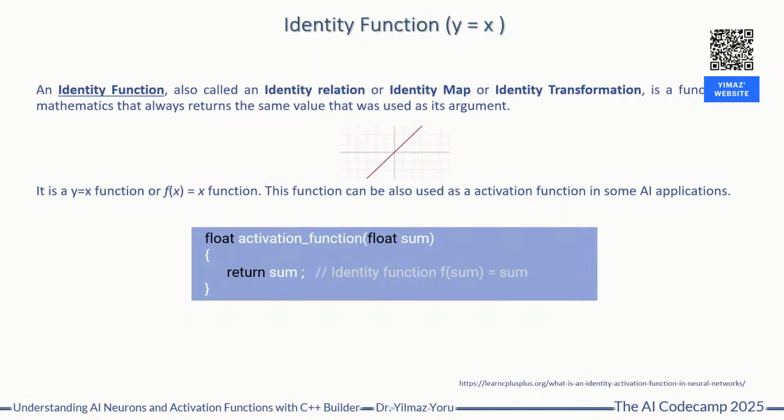That means your net input value has no effect on the activation function, it directly returns the same value. It is a y equal to x function, or f(x) is equal to x function. This function can also be used as an activation function in some AI applications.